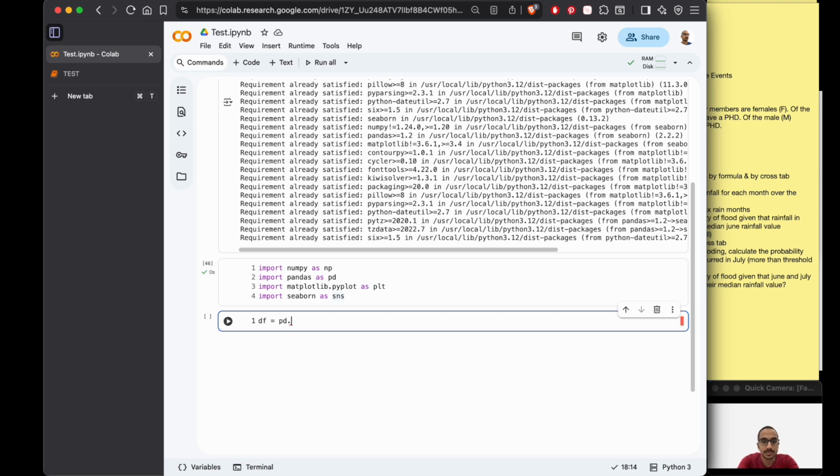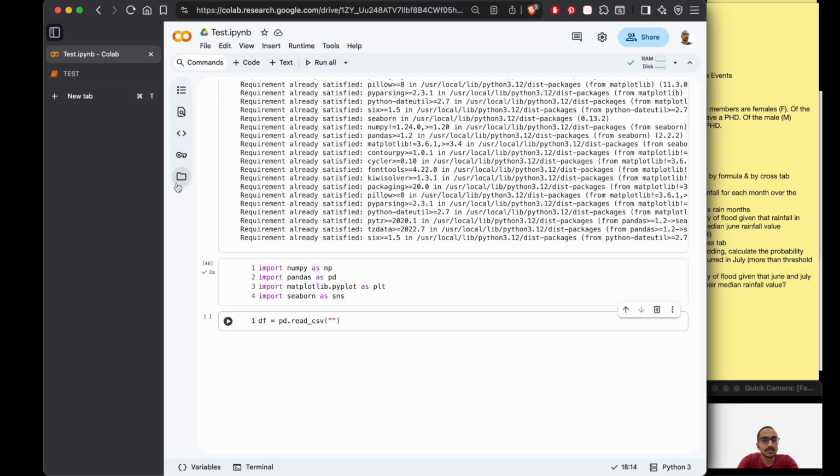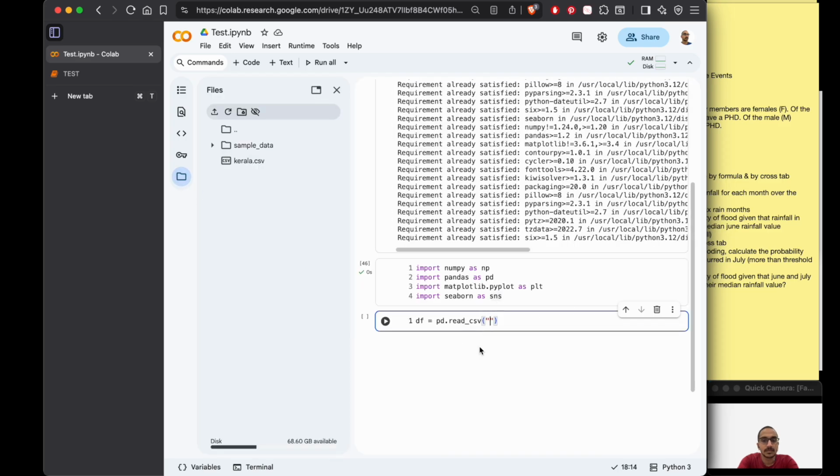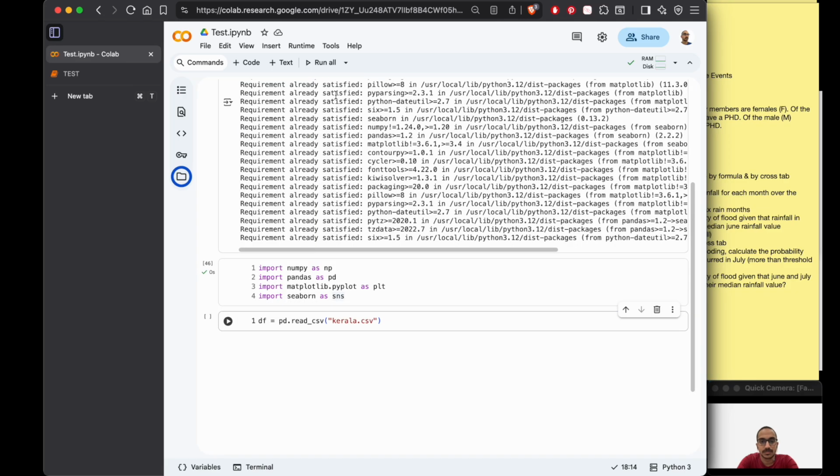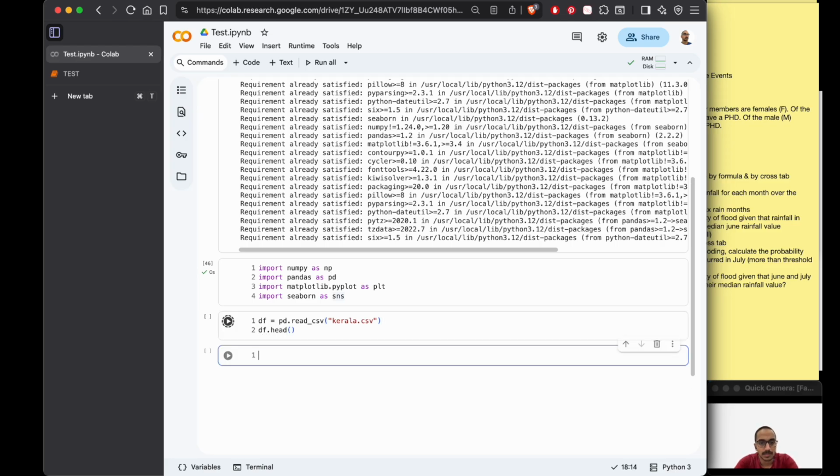Now let me load the data frame. df equal to pd.read_csv. The data is kerala.csv. Just so you know, Kerala is a state in India. Anyway, df.head. Let's look at our data.